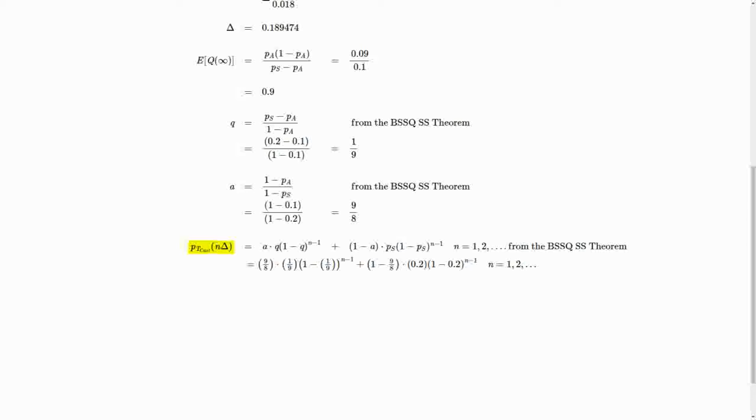When we substitute in these values of Q is 1/9, A is 9 over 8, PA is 0.1, and PS is 0.2, we get this steady state customer time PMF is 0.1 over 0.8 squared, which is 0.64, then times 0.9, 8 over 9 to the n, minus 0.2, 0.8 to the n.